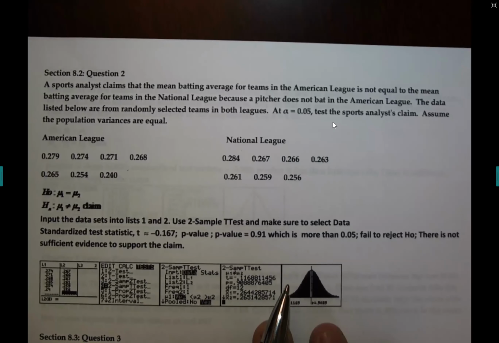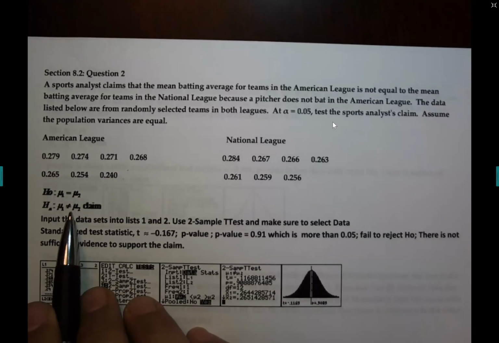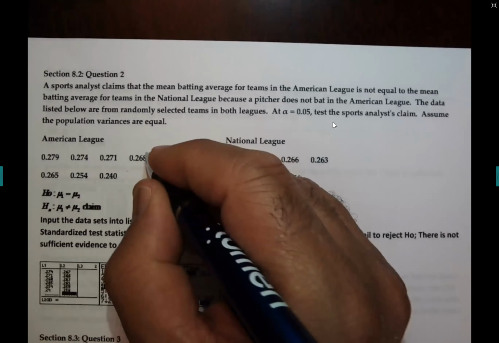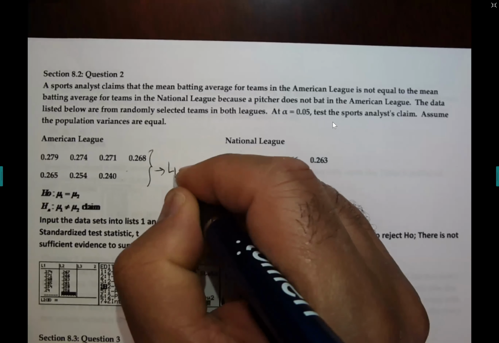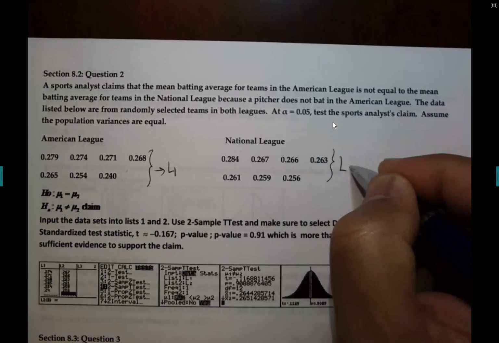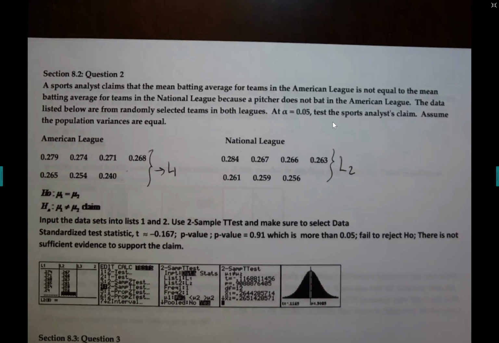At alpha equals 5%, test the sports analyst's claim. So they say that the mean batting average is not the same for the National and the American League. So we just put mu1 not equal to mu2, and that's the claim. What you have to do now is input this one in L1 and this one in L2. So let's do that and run the test.